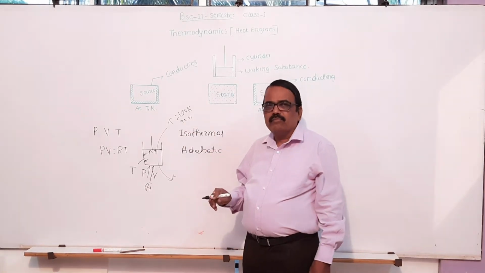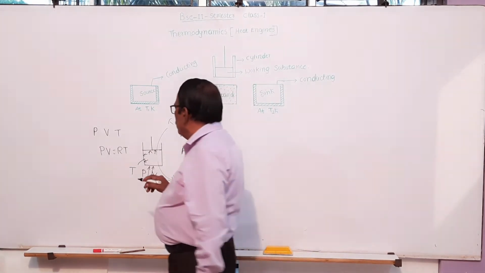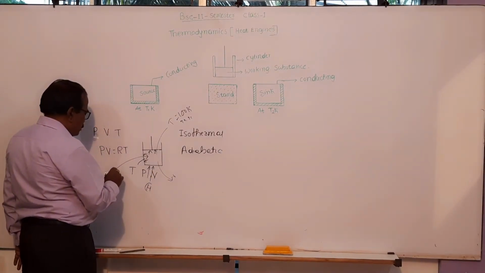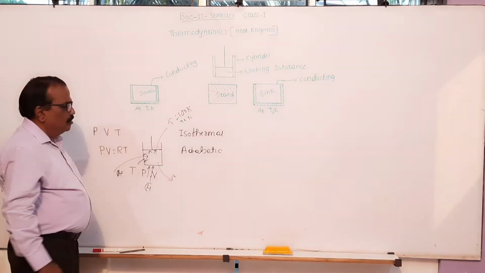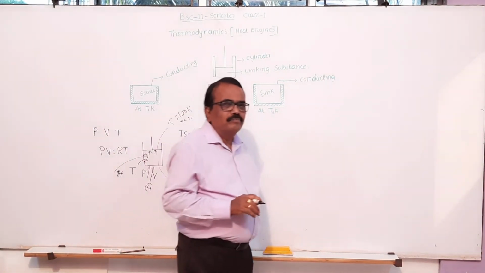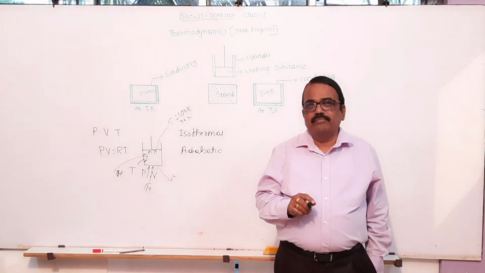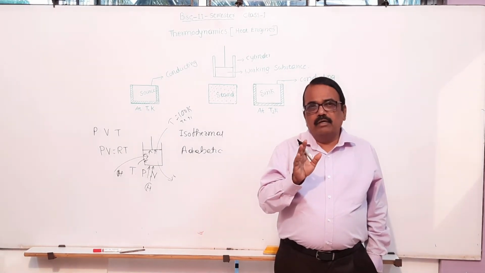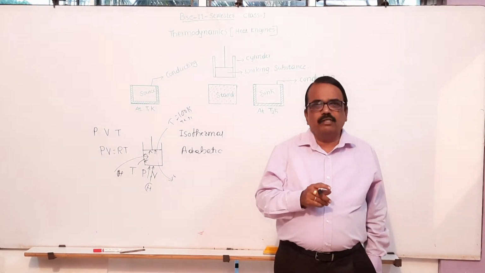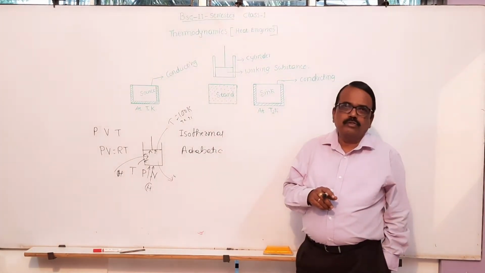But again you don't want a decrease in the temperature. So for that what you have to do? Supply heat by some means to the system. In other words, let pressure and volume change, but temperature should not change. To maintain that, either you supply heat to the system or you remove heat from the system. This process is called isothermal process.